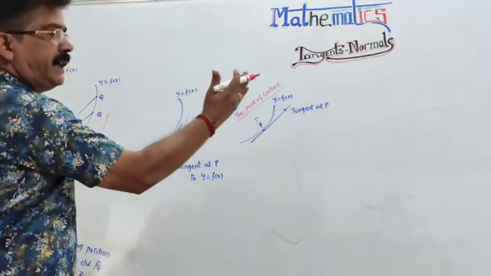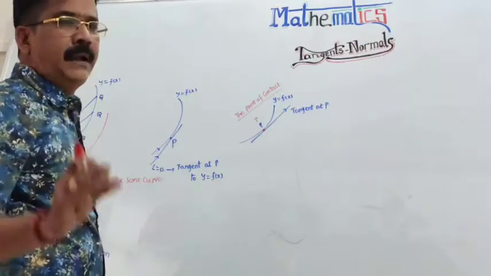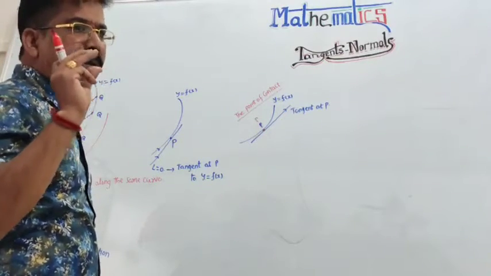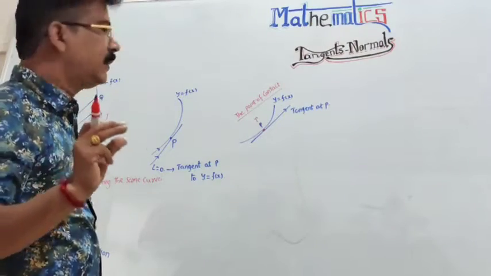Whenever the straight line touches the curve y is equal to f of x at capital P, that point common to both the curve and tangent is called the point of contact.